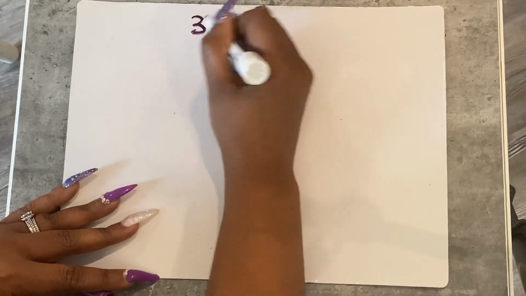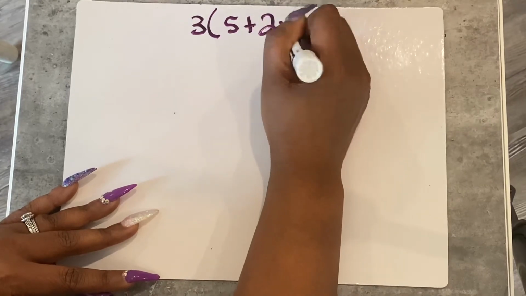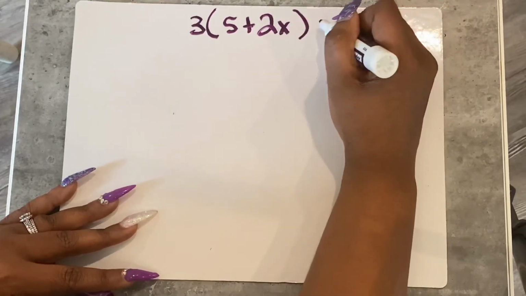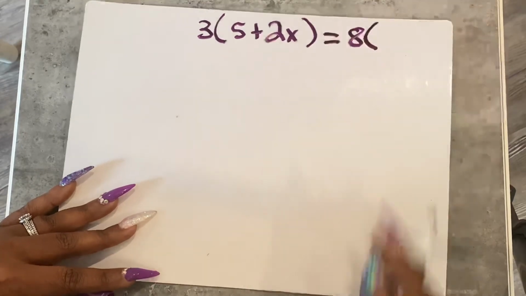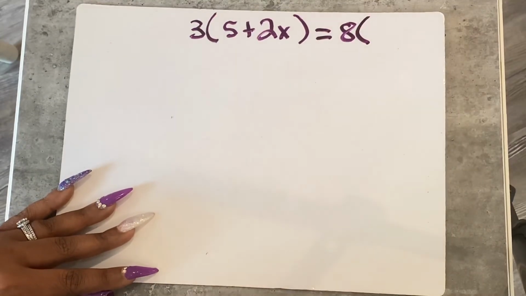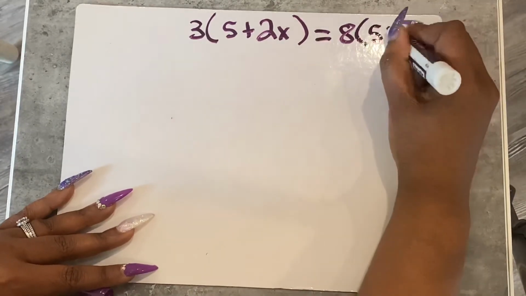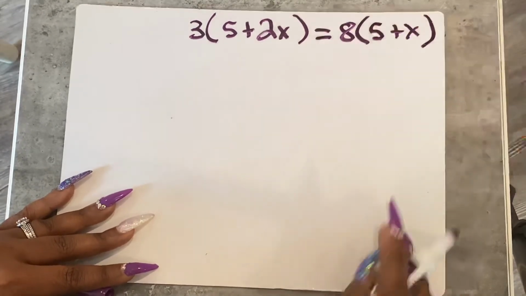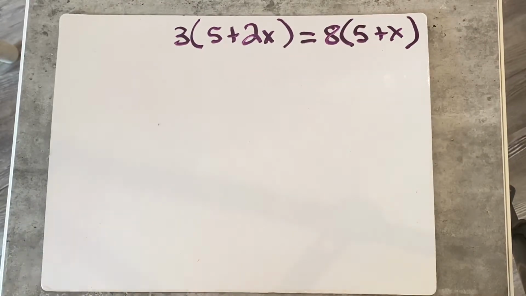So we have 3 times (5 plus 2x) equals 8 times (5 plus x). I don't know why I made that so far over. It's weird. All right, so when I see the parentheses, I know that I have to distribute.